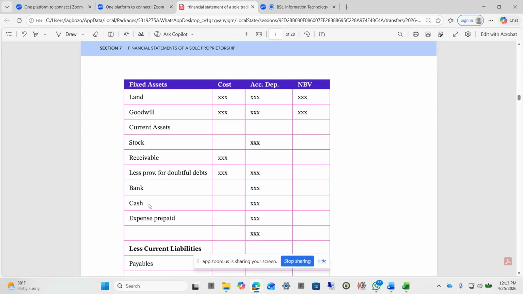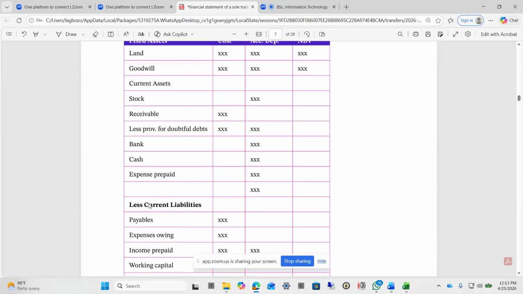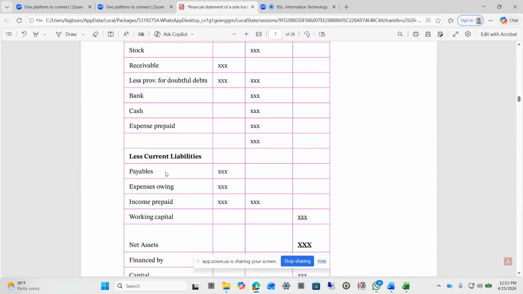Is that okay? So we're saying that you have a liability, and the liability too is those you were owing. And the liability can be classified, those you are going to pay within 1 year, they are called current liability. Those that you'll be paying more than 1 year are called non-current liability.